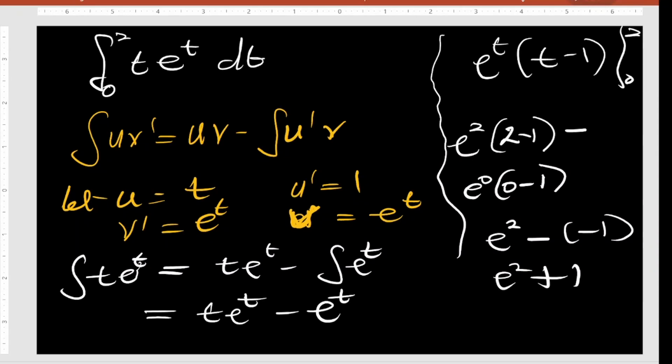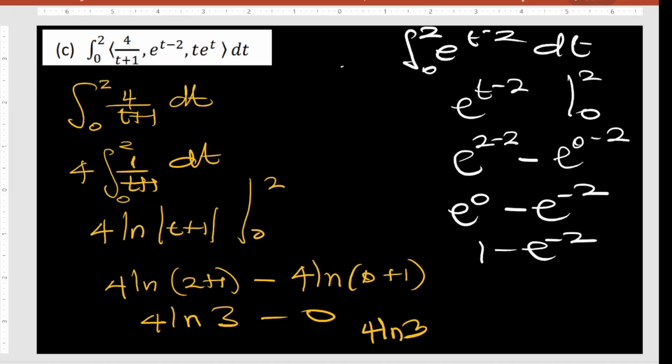Now we'll bring all these together into one basket, if I should put it that way, to form the result of our integration. So the first one was 4 ln 3.